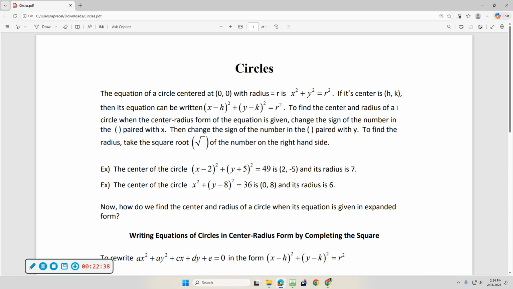Now to find the center and radius of a circle when the center radius form is given, change the sign on the number in the parentheses paired with the x. I told you that. That's what we were just talking about. Change the sign on the number in the parentheses paired with y. I told you that. And to find the radius, going backwards to undo the squaring, you take the square root of the number on the right-hand side.